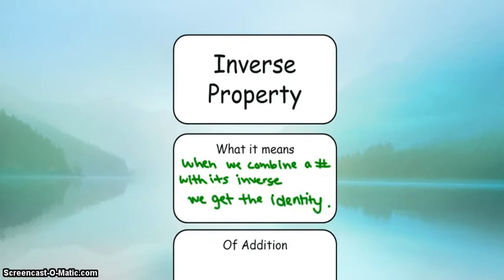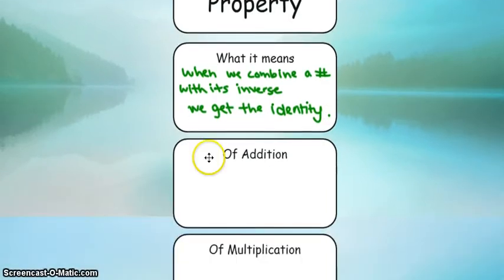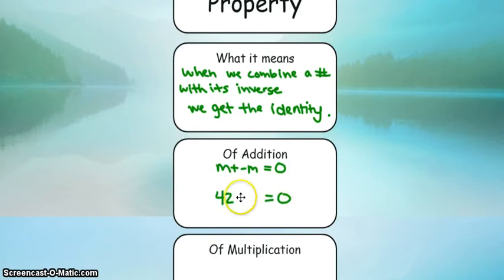It sounds a little confusing, but it's really pretty simple. Okay, so the inverse property of addition, well, we're going to take a number like m, and when we combine it with something, we're going to get 0, but we're adding. So m plus what is 0? Well, the opposite of m. Alright, this mainly works if we need to get 0 on a side. 42, how can we get 0? Well, we can add negative 42.